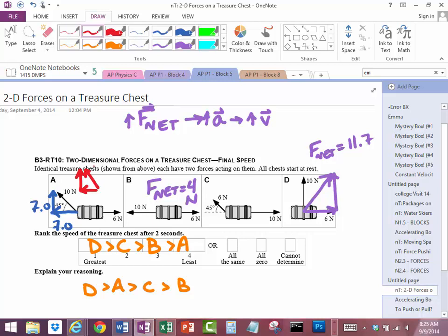Complicated. If it makes sense. Where are you getting 6? Okay. That's okay. How are we doing?